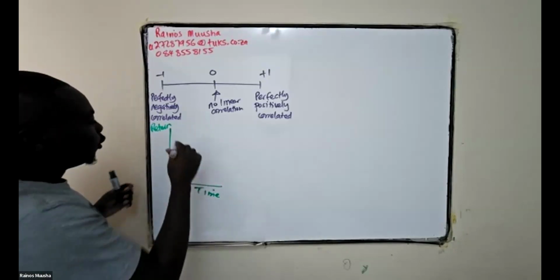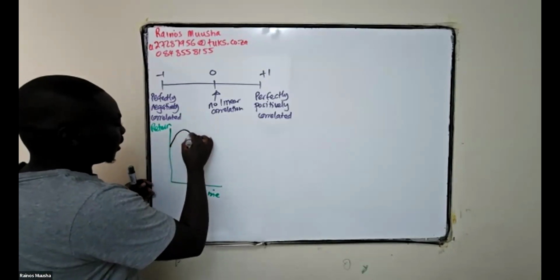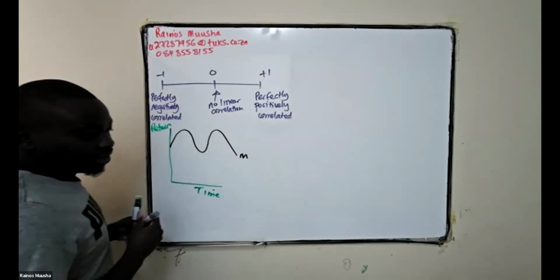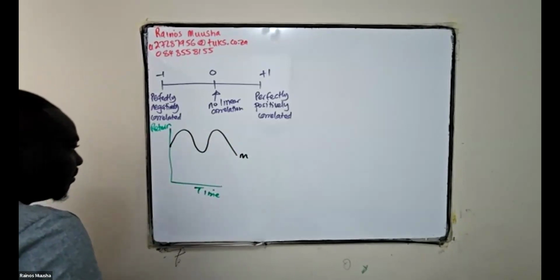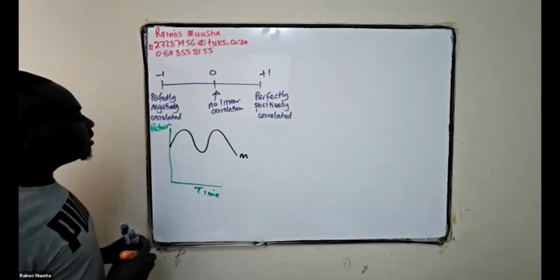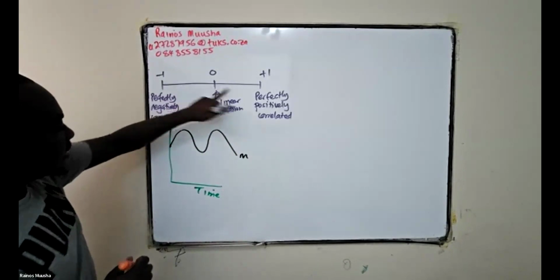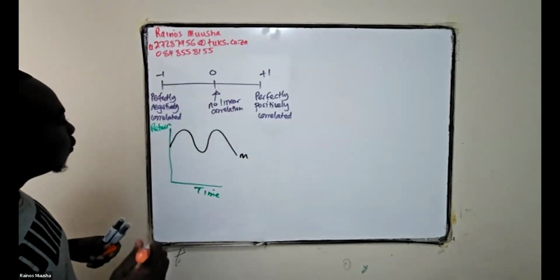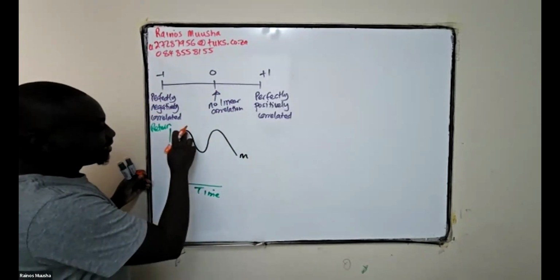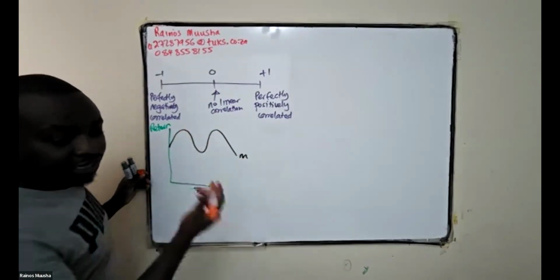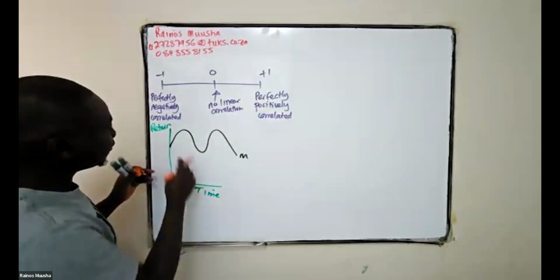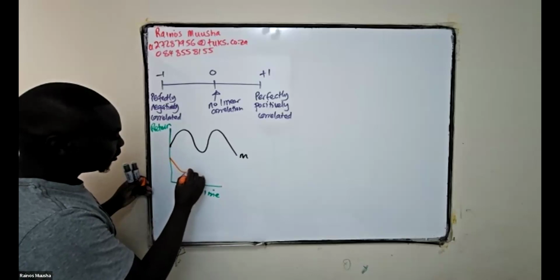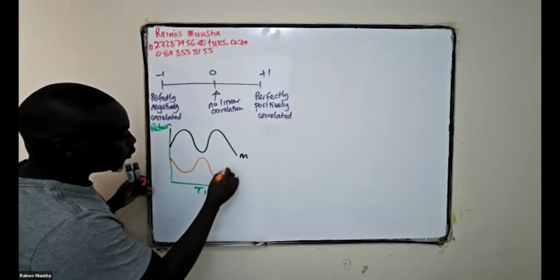Let's say, for example, you have asset M, whose returns are moving in this particular pattern. If the returns are perfectly negatively correlated, it means when asset M's returns are increasing, let's say you have another asset, asset N, asset N's returns are decreasing. So they're basically moving in the opposite direction.